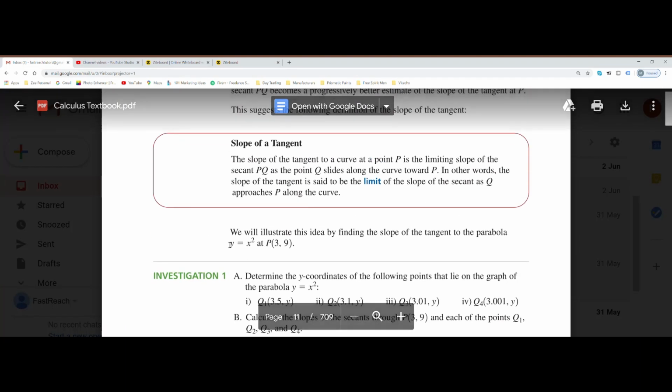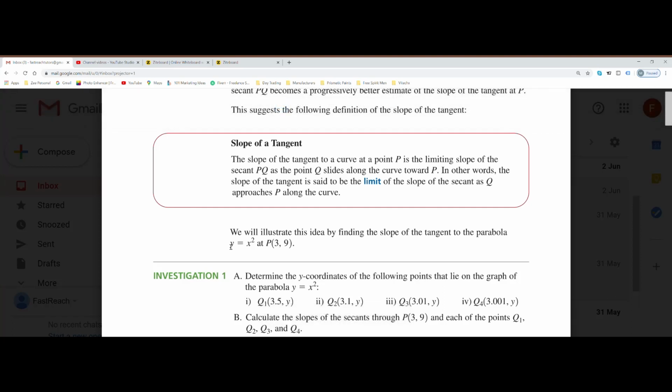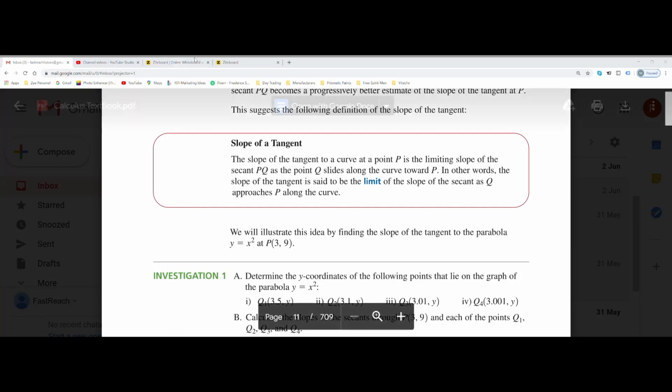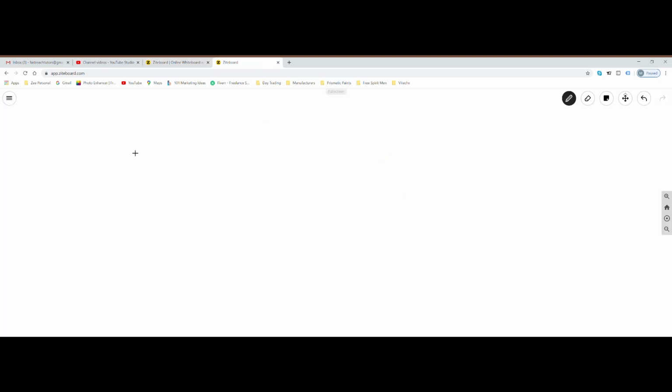So let's say we're trying to find the slope of the tangent at (3, 9). There are different ways in which you can do this, but I'm going to show you one of the ways. So you have y equals x squared, and you have point P, which is (3, 9).